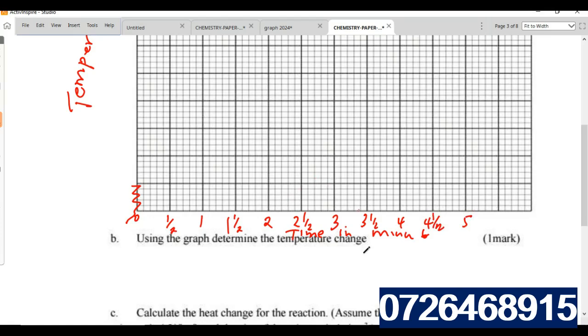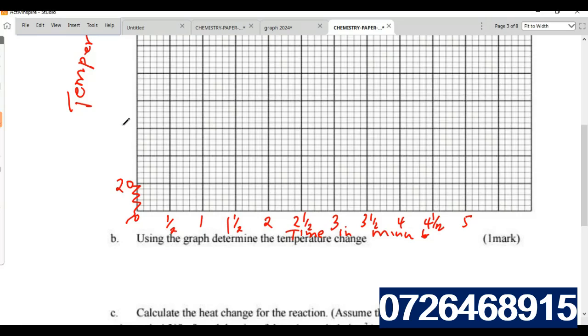For temperature, looking at our values, we are going to start from 22. So we can even start at 20. This is 20. And then you choose your scale. You can say 20 equals 25. You can choose your scale.